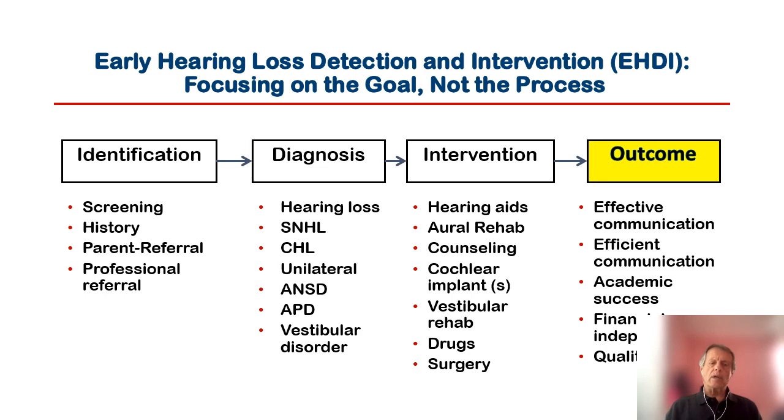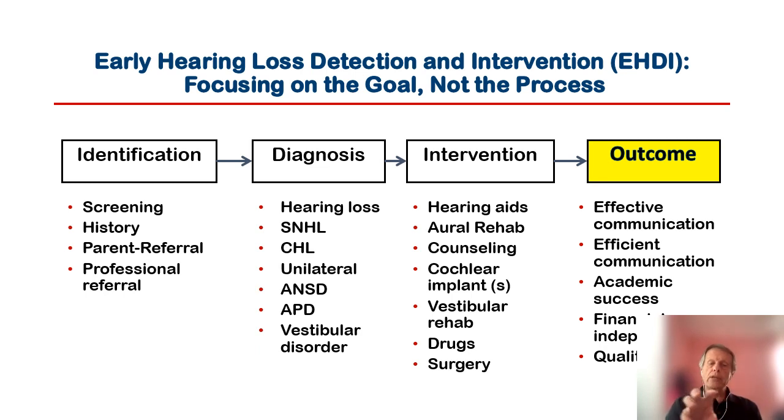And another important concept, our goal is not just to identify a hearing loss in a child. It's not even just to diagnose that hearing loss. Ultimately, our goal is to improve that child's outcome. We want the child to be communicating effectively, to develop normal speech and language acquisition, to be able to enter school having had the advantage of hearing for the last 4 to 5 years.